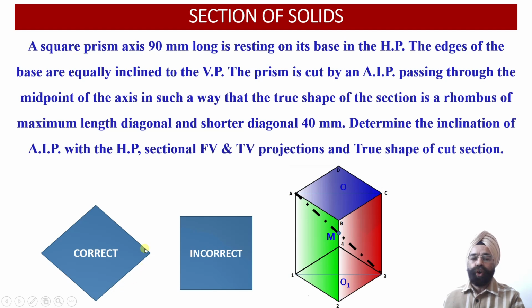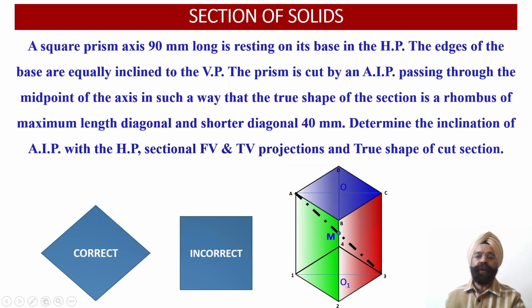Corresponding to the square base, the vertical diagonal and the horizontal diagonal will both be equal to 40 millimeter. So even though the edge of the base has not been provided to us, by providing the dimension of the shorter diagonal or minor diagonal of this rhombus, that is 40 millimeter, we have been provided with the diagonal of the square prism as 40 millimeter.